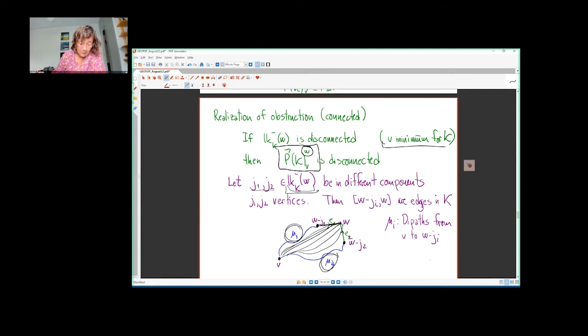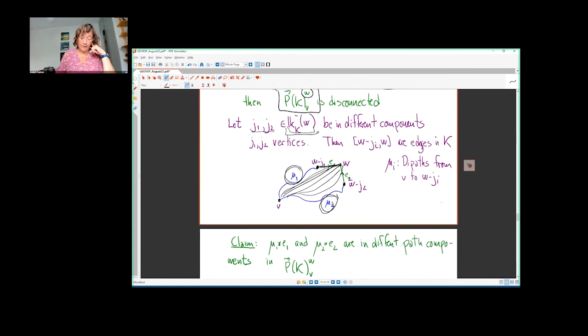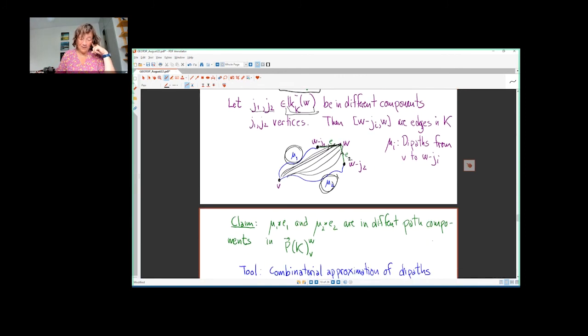So what you have to do now is use an old theorem of mine, which is why I like this. We have an old theorem which says that in this case, there's a combinatorial approximation of these two, which has them run on the edges of this cubical complex.